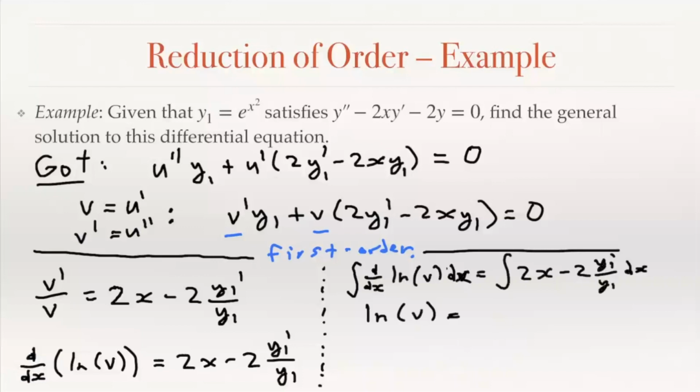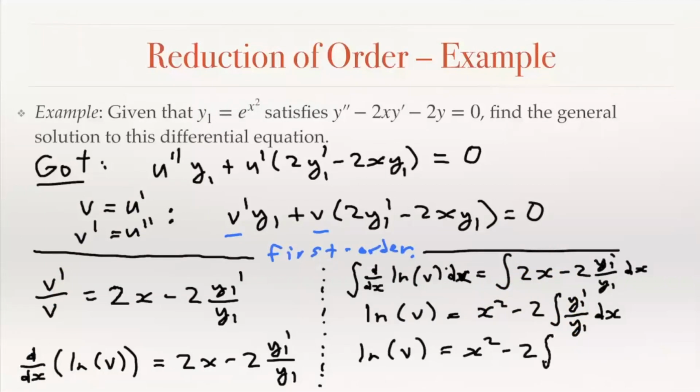is this integral. And now for this part, we can do the same trick that we did over here. y1 prime over y1 is the implicit antiderivative of the natural log of y1. And by the way, that x squared, that was integrating 2x.